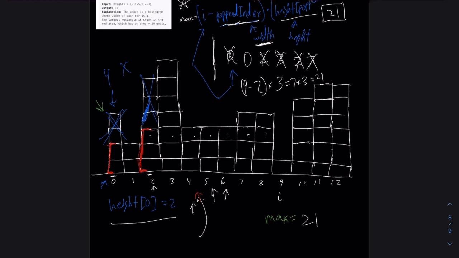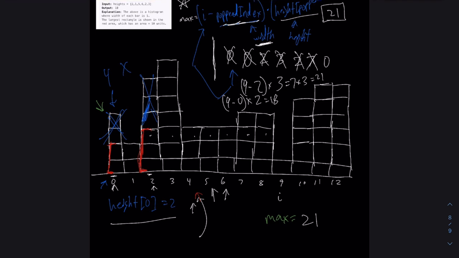This 0 has a height of 2. We're looking at a height of 1 here, so we have to get rid of our 0 as well. So 9 minus 0, that's the index of this 2 one, times 2, which is the height, equals 18, doesn't update. And then we add 0 back in, right? Why do we add 0 back in? Remember, because we used the most recently popped one.